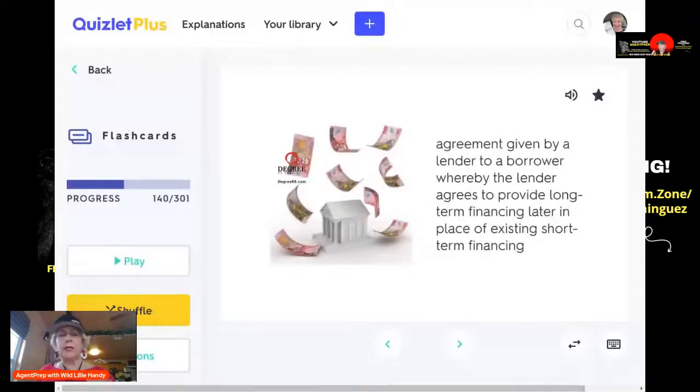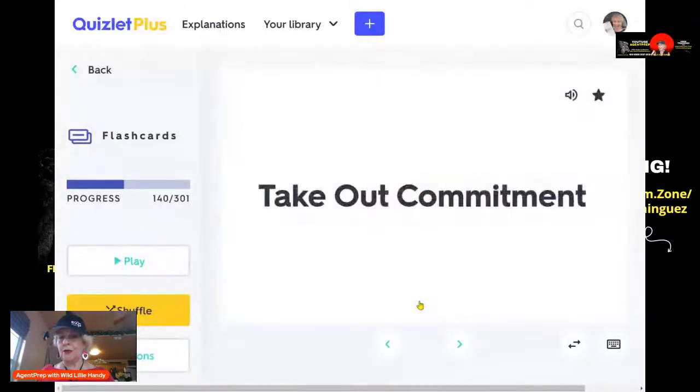So this almost seems like when a property is under construction, there'll be the interim loan, which is during the construction phase. Once the construction is done and it has been permitted for occupancy, then they'll create a permanent loan, a 15-year or 30-year fixed loan. But it's called the takeout commitment. You may or may not see that on the exam, but hey, it's vocabulary.